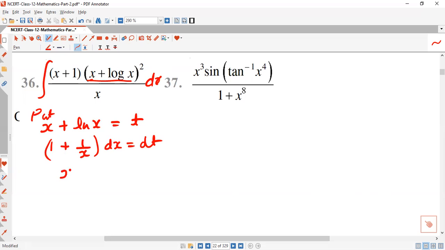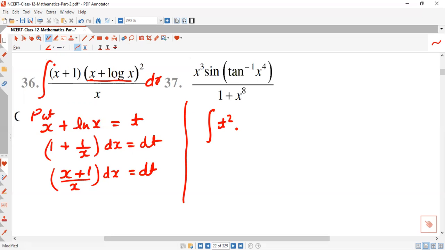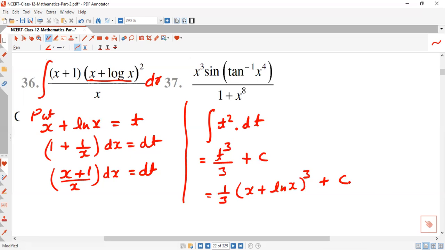Simplify this: x plus 1 upon x dx equal to dt. So the integration of x plus log x whole square becomes t square, and x plus 1 upon x dx becomes dt. Taking the square, we get t cube upon 3 plus some constant c. Put the value of t: 1 by 3 x plus log x whole cube plus some constant c. This is the answer.